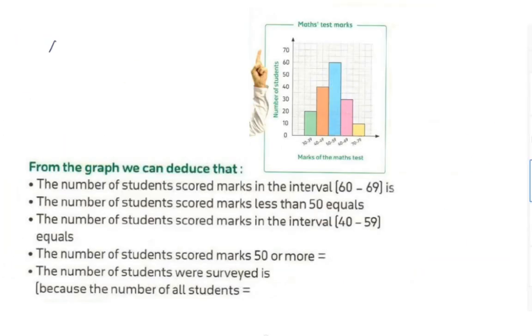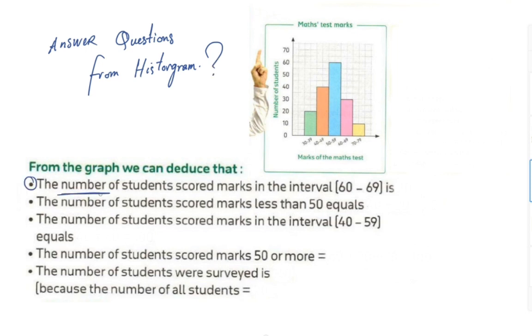Do you know I can answer questions from a histogram? Like what? Like this question: the number of students who scored a mark in the interval of 60 to 69.